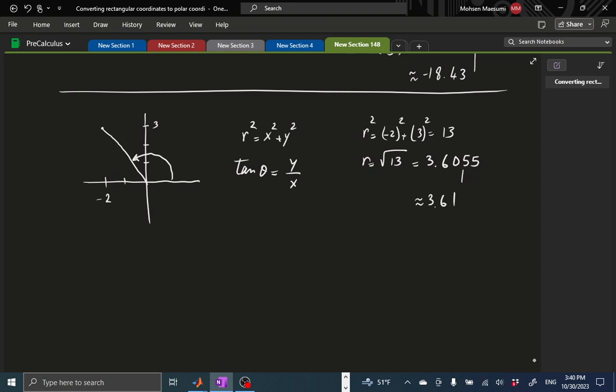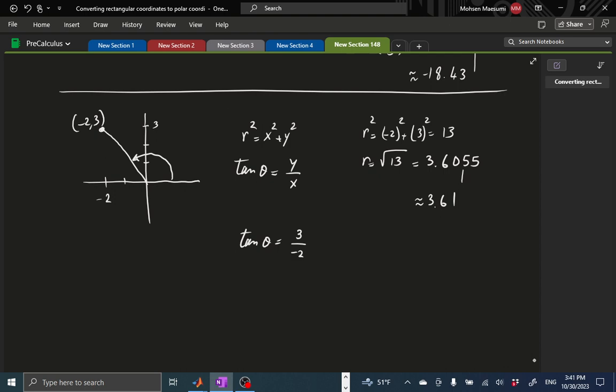More difficult issue is how about the angle. So the angle is, so we know the tangent of theta is going to be, the y is 3, so this point with coordinates -2, 3, it's 3 over -2.